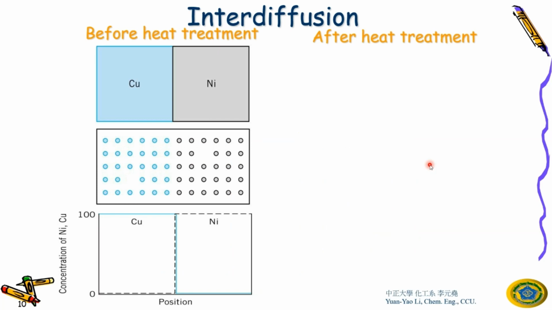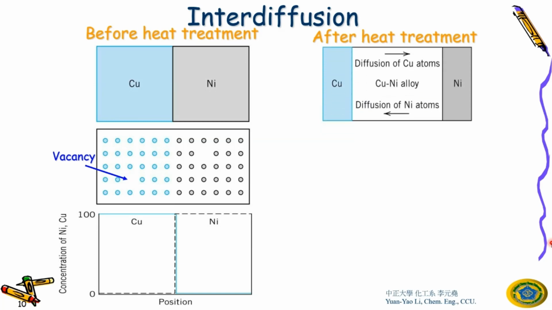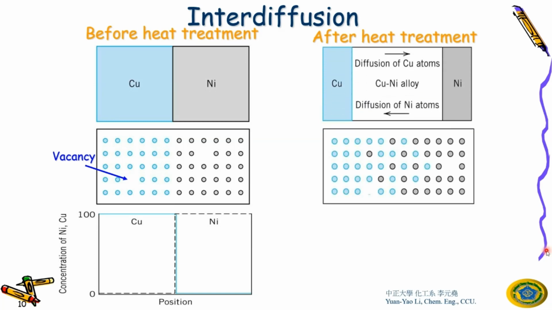So how about interdiffusion? Interdiffusion means that you have different metals, like copper and nickel. Of course, you need to have a vacancy. So the position here is 100% nickel atoms, and here is 100% copper. So the concentration of copper or nickel looks like this. But after the thermal treatment or heat treatment, when you increase the temperature higher, like 500 Celsius or 800 Celsius, the nickel atoms will move from the right hand side to the left.